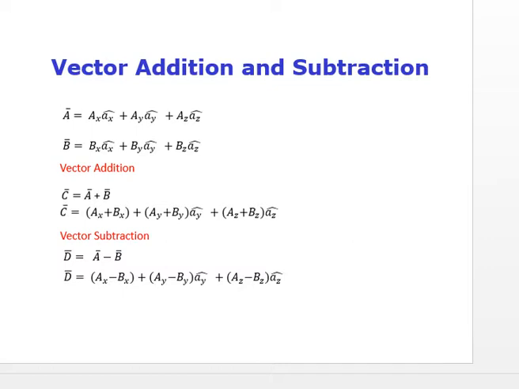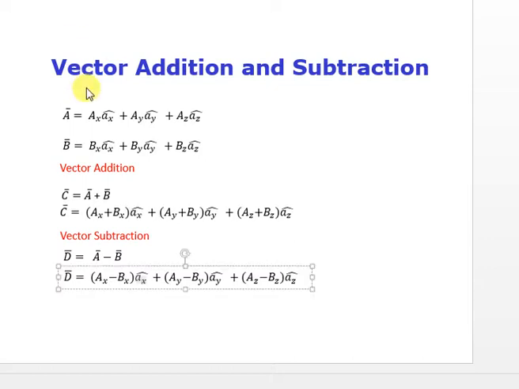Suppose we have two vectors, A and B. We can write A equals Ax unit vector ax plus Ay unit vector ay plus Az unit vector az. Similarly, vector B can be written as Bx unit vector ax plus By unit vector ay plus Bz unit vector az.